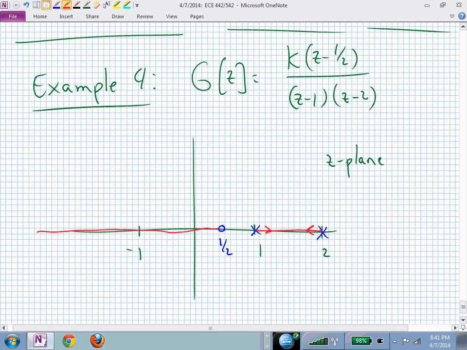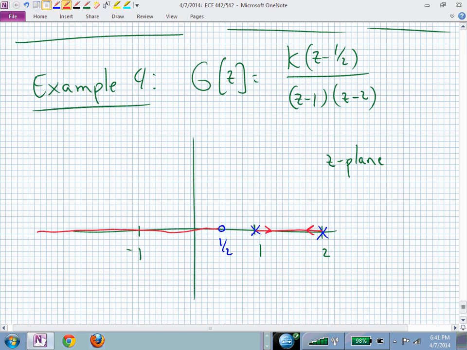What's the angle contributed by the pole at 2 to 3/2? It's 180. What's the angle from the pole at 1 to 3/2? 0. What's the angle from 1/2 to 3/2? 0. So now I have 0 minus 0 minus 180.